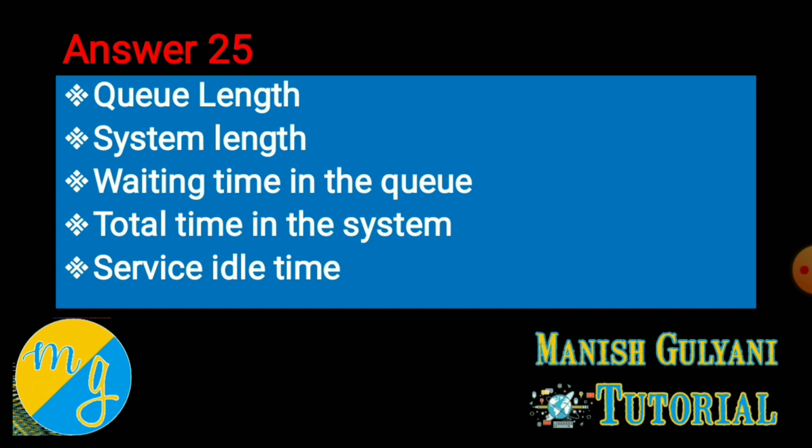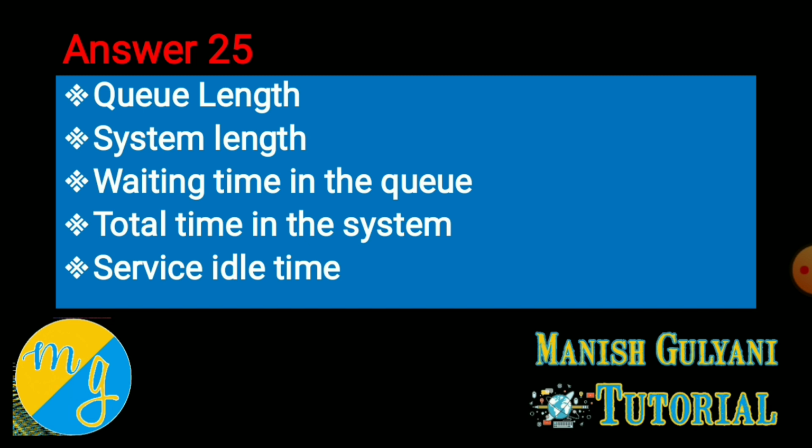If queue length increases, customer dissatisfaction level also increases. And the second one is system length. System length simply means the average number of customers in the system, those waiting to be or those being serviced. Under system length, you have to consider the sum total of customers who are still waiting in the queue or who have already availed their services. So that's called system length.